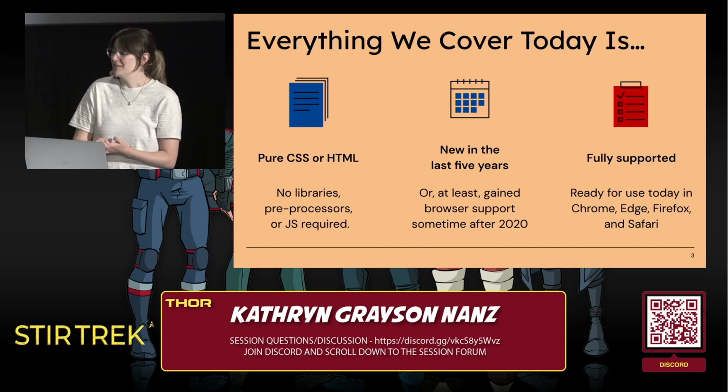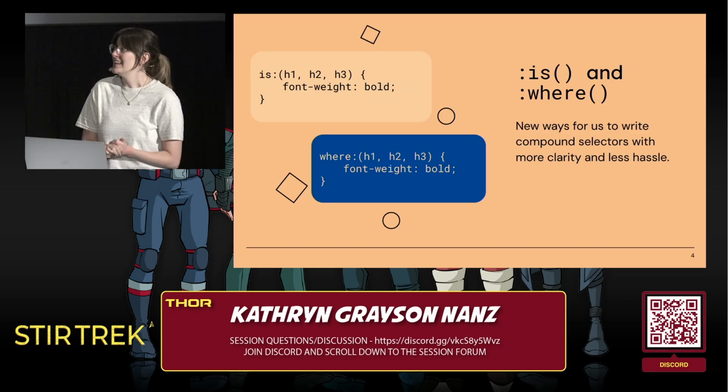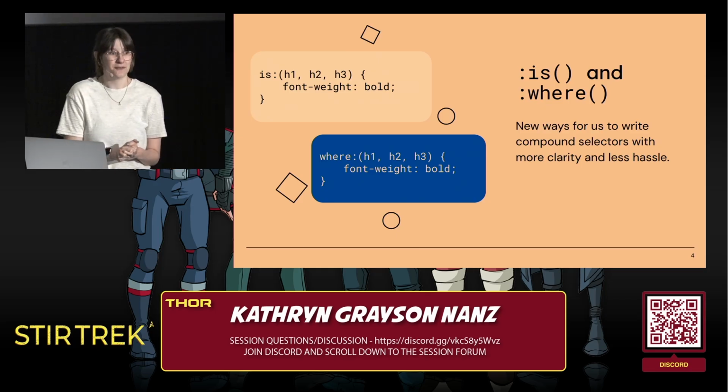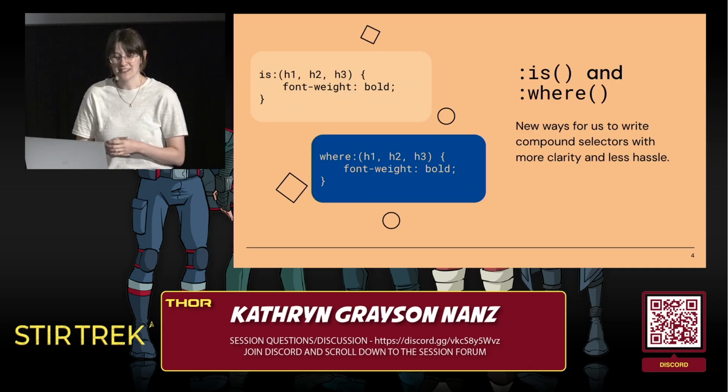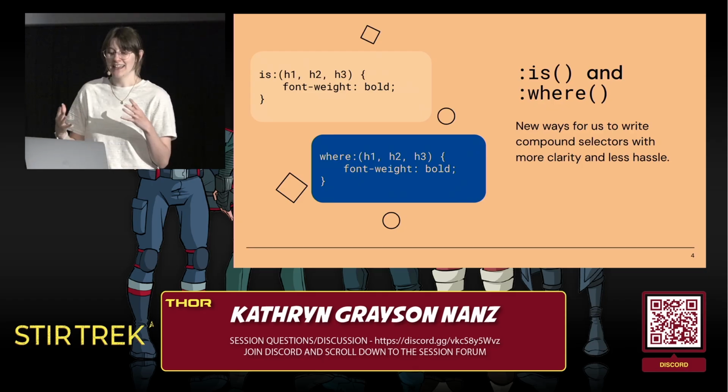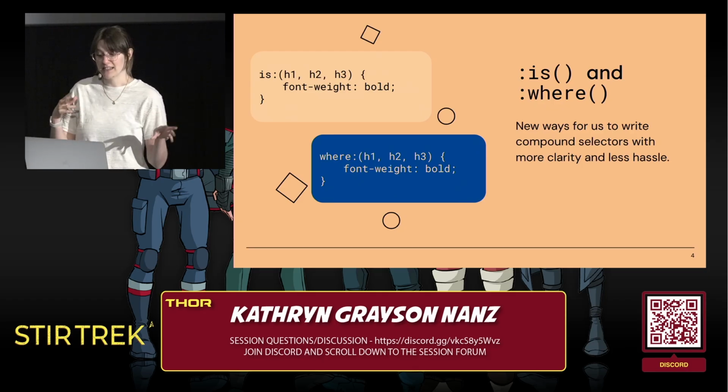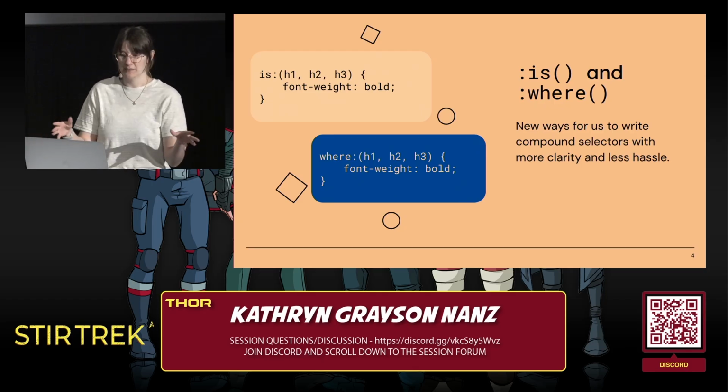So starting off with CSS, let's take a look at is and where. Is and where are two new ways for us to write compound selectors with a little bit more clarity and less hassle. By compound selectors, we're just saying a fancy way to say styles that apply to multiple elements, right?